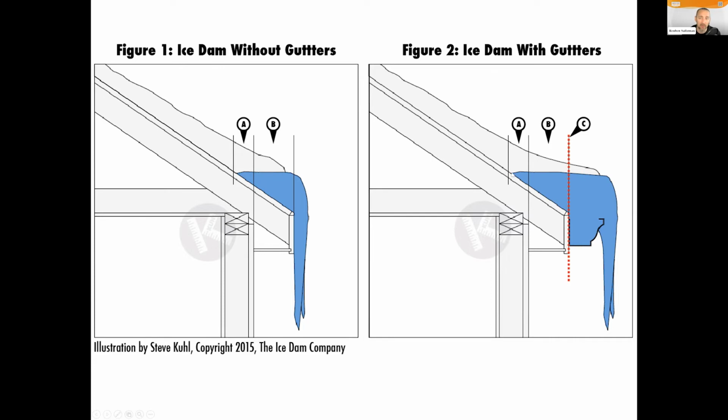The ice dam is still going to be right where the ice dam was with no gutters, right at the middle of the exterior wall line. And this is just an example. Sometimes they're higher, sometimes they're lower, but the height has nothing to do with where the gutter is. So if you hear people complaining about this, saying gutters cause ice dams, it's not true. They don't.